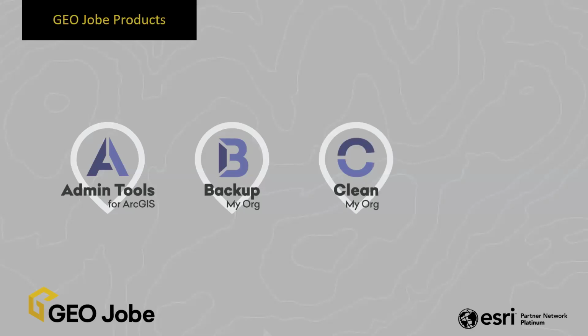CleanMyOrg helps administrators have access to on-demand and scheduled scans of their environments, such as Enterprise or ArcGIS Online, based on a variety of different parameters that set up a healthy organization, and can start remediation of any issues that arise. So CleanMyOrg is very good about it if you want to get emails based on your environment.